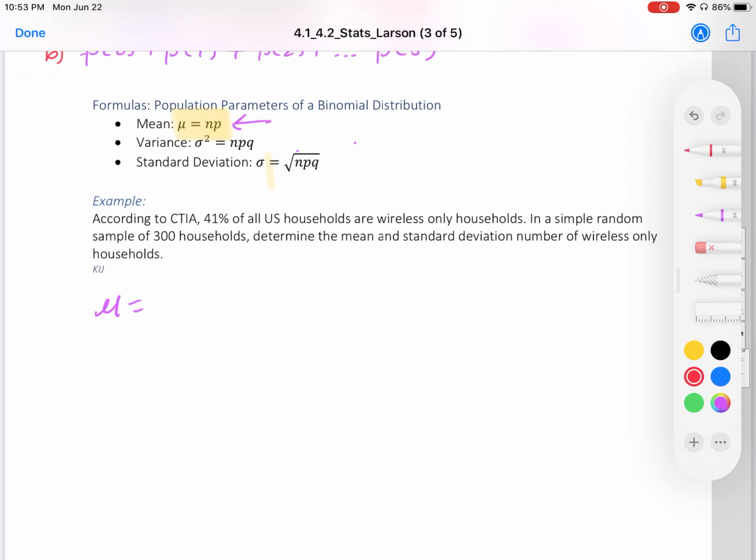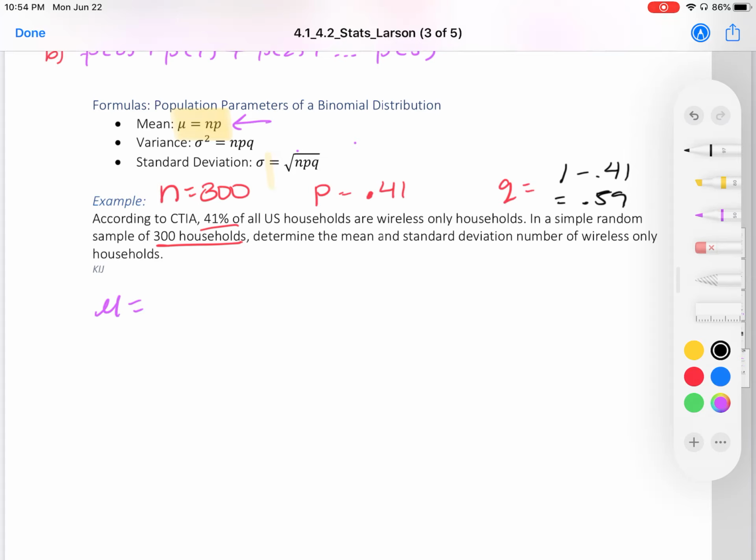So let's take a moment to figure out n, our p, and we're going to need q for this one. All right, so n. What is the number of our sample size? 300. Our percent, our p, 41%, so we write 0.41. And our q is just some calculation. 1 minus 0.41. We use our calculator, that's 0.59.